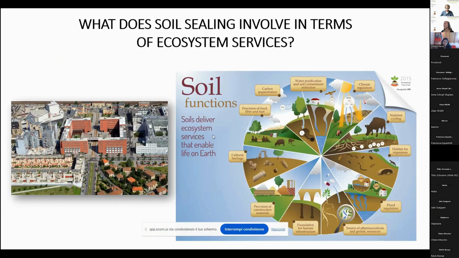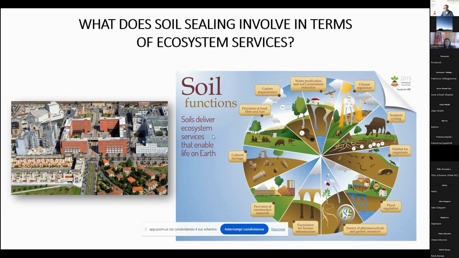What happens when a soil is sealed? Probably you know that soil provides us with ecosystem services, and this is true for natural soil, but this is true also for urban soils.